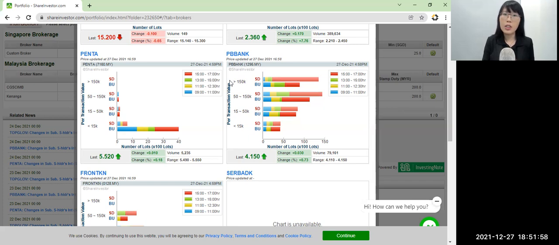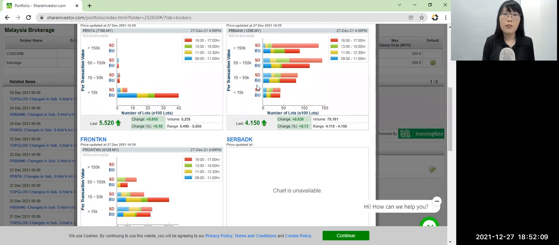The transaction less than 15K means like us, we are the retail investors, the smallest players in the market. For less than 15K, half of the value of transaction happened at 9 a.m. to 11 a.m.